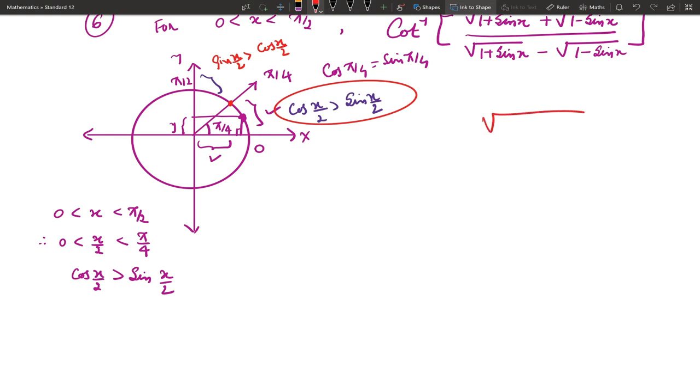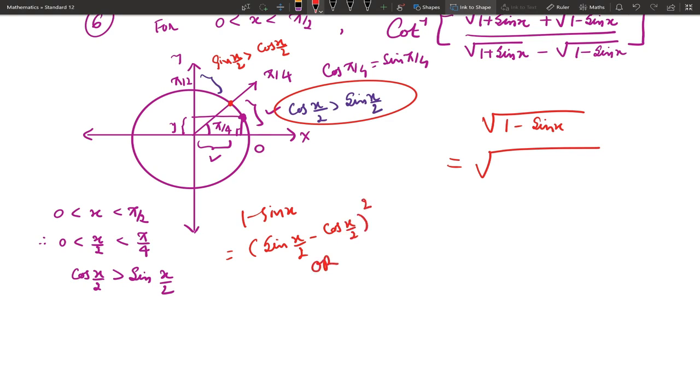So when we take the square root of 1 minus sin x, 1 minus sin x is nothing but (sin x by 2 minus cos x by 2) whole square, or the same can be written as (cos x by 2 minus sin x by 2) whole square, because (a minus b) whole square is the same as (b minus a) whole square.